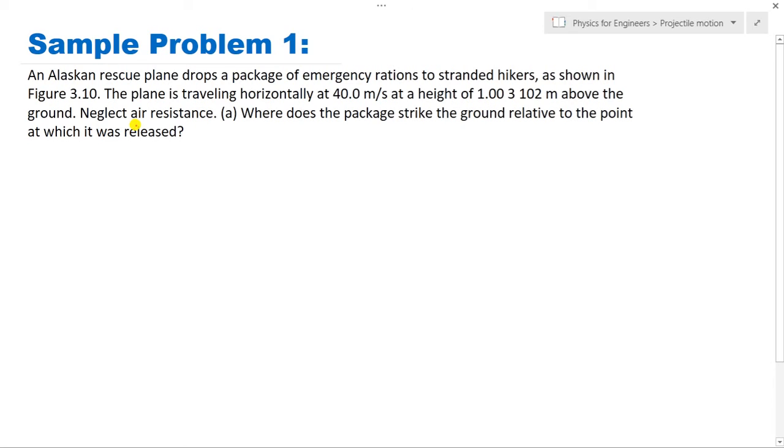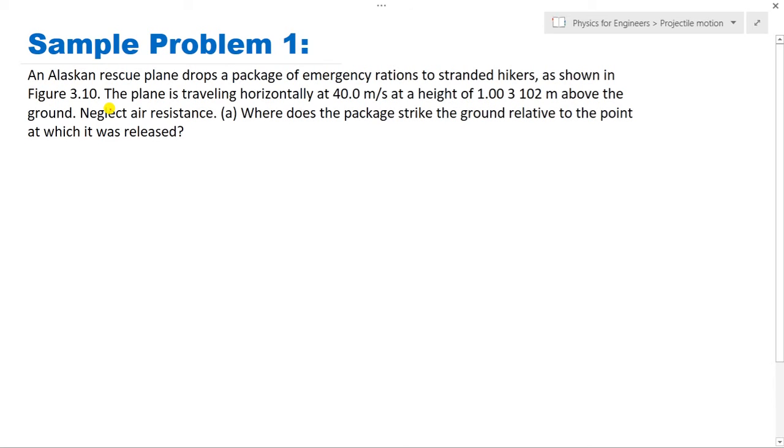Then the plane is traveling horizontally at 40 meters per second at a height of 102 meters above the ground. Neglect air resistance.